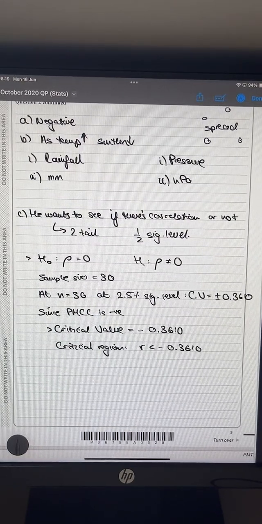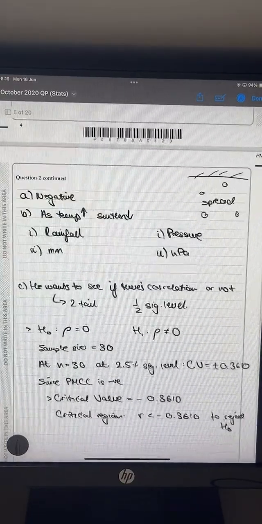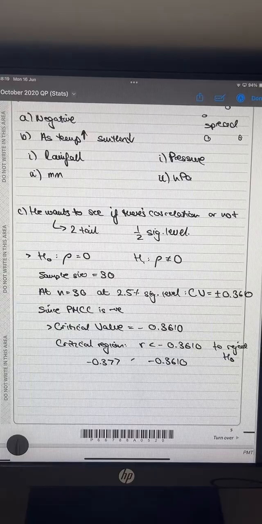You have to go more negative for that. So that is to reject H0. So what is our r value? He told us it's negative 0.377. So negative 0.377, and I'm comparing it to negative 0.3610. That is more negative. Therefore, r is less than the critical value, 0.3610.